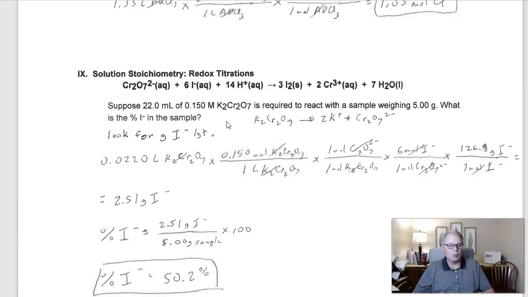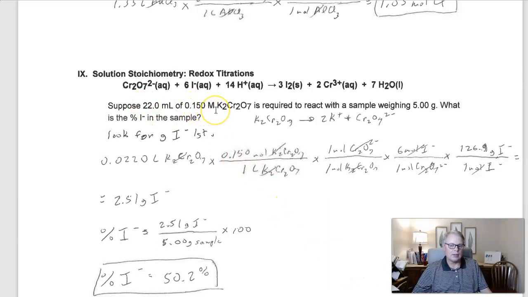Okay. What am I given here? Well, I know I've got 22 milliliters of this potassium dichromate solution, and I know it's 0.15 molar. So which of these do you think you're going to start with? We're going to start with the 22.0 milliliters. Never start with your molarity, start with the other piece of information.